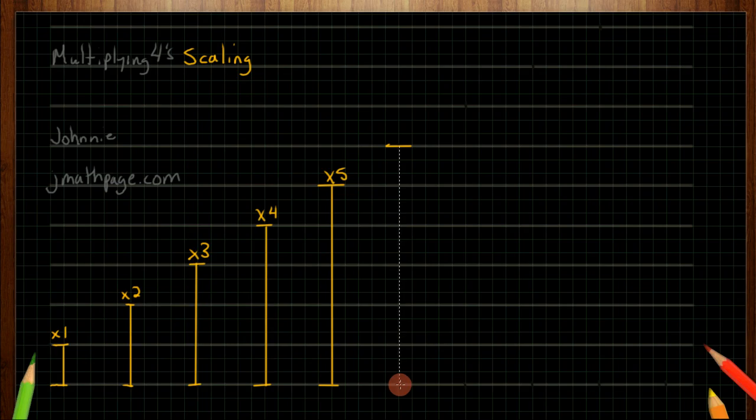Let's make it so we can see it better. 1, 2, 3, 4, 5, 6 measures tall. 6 times as tall as the first measure. The next one, I imagine has to be 7, right? So this one's going to be 7 measures tall. So this is 7 times taller than this one.